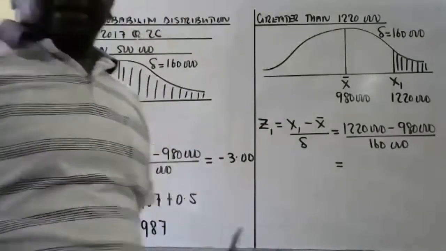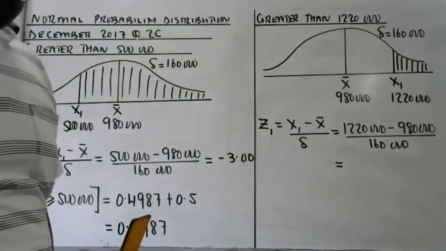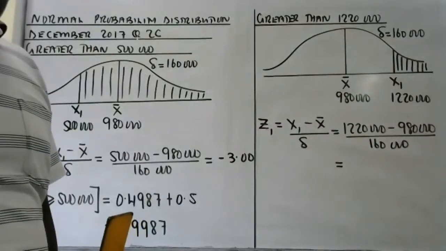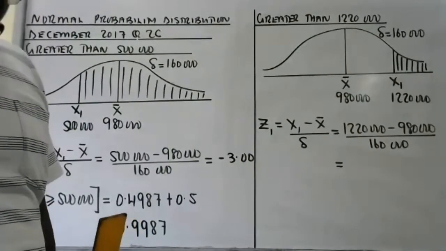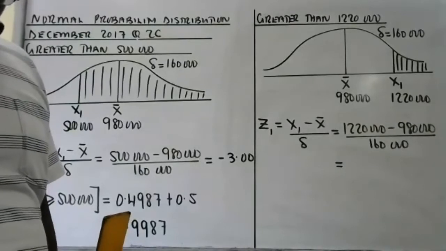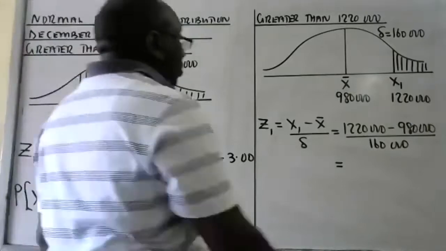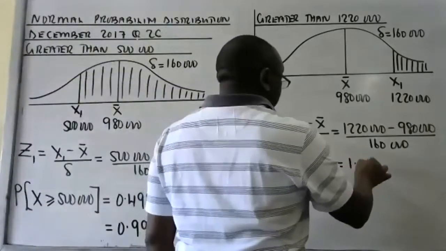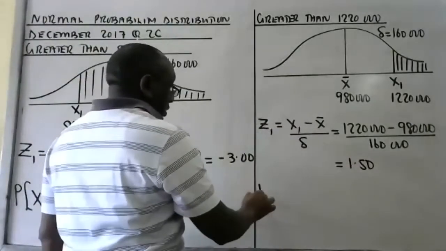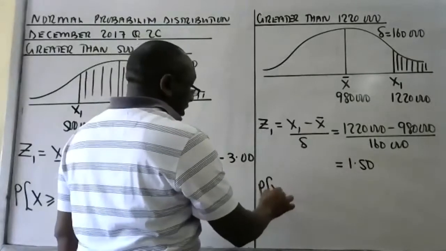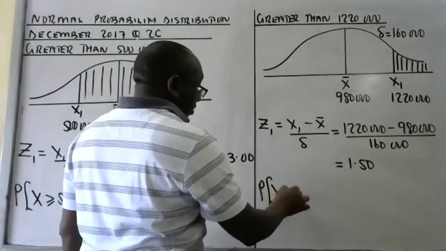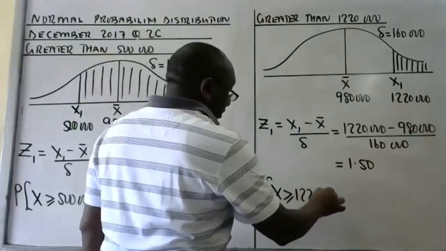So this becomes 1220 minus 980 divided by 160 is 1.50. So the probability that X is greater than or equal to 1,220,000.